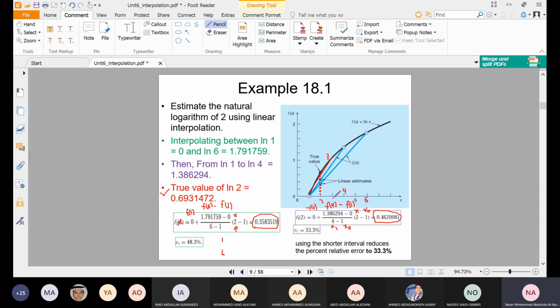So if we reduce the interval, we can reduce the estimation error. So this is the two-step of estimation. When we use the larger interval, the point is a little bit far from the true value. When we use a shorter interval, in this case, we minimize the error of the estimation.